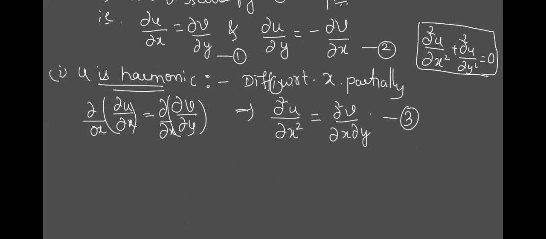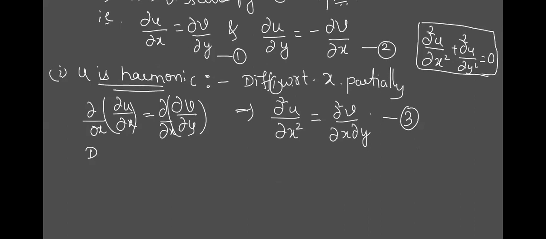Similarly, for the Laplace equation, one more thing I need is dou square u by dou y square. How can I get it? Differentiate with respect to y. Which equation? Equation 2, where I have dou u by dou y. I want second order, so this has to be done with respect to y.